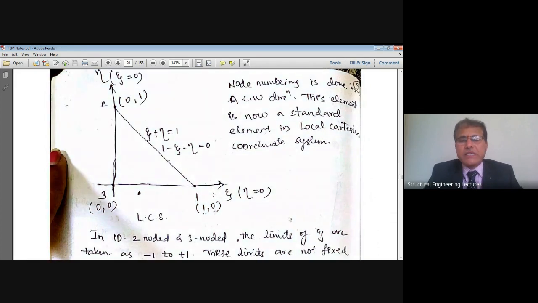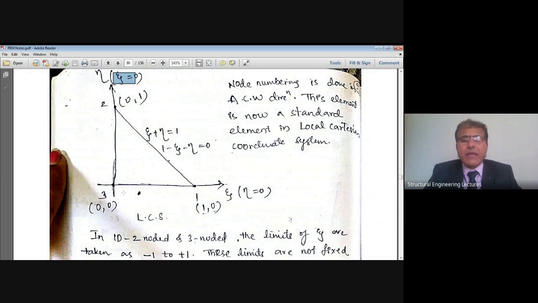Then we can say that this xi axis always has eta equal to 0 as the equation of the line. Also, this eta axis, local y, has the equation of the line connecting node 2 and 3, given by xi equal to 0.